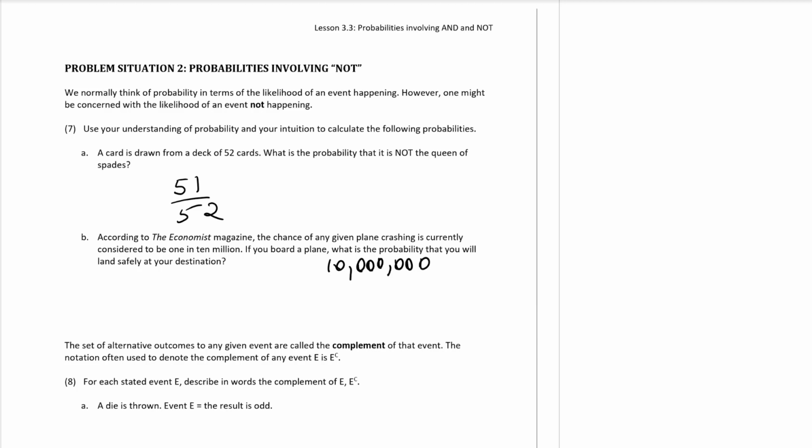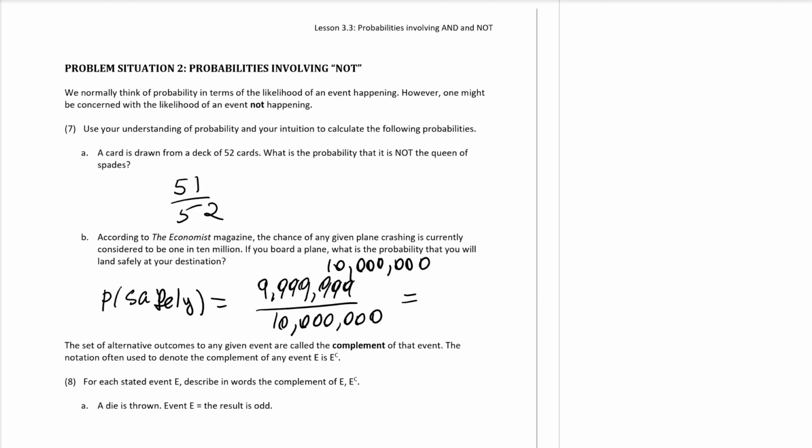So the probability that you'll land safely is going to be, you've got to subtract the one bad chance of not landing safely. So it would be 9,999,999 out of 10 million, which is a very high percent. All right, we can leave it like that, right? It's almost 100%.